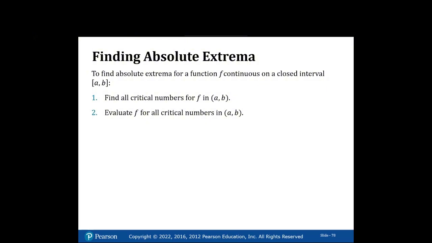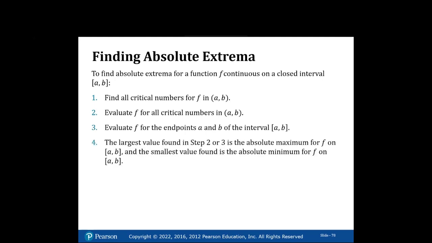I want to find out what is the value of f in the actual function, right? And then I need to also check the endpoints of my interval because it's a closed interval. So I need to check the endpoints to see what that function is doing. Now, the largest value found in our evaluation steps, that's the absolute max. And the smallest value is going to be our absolute min.